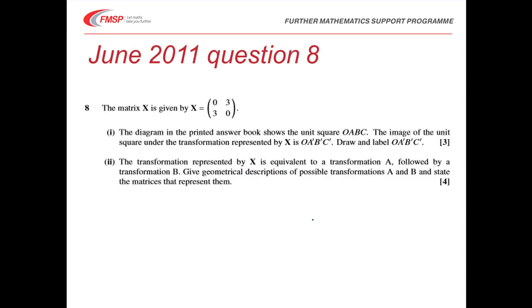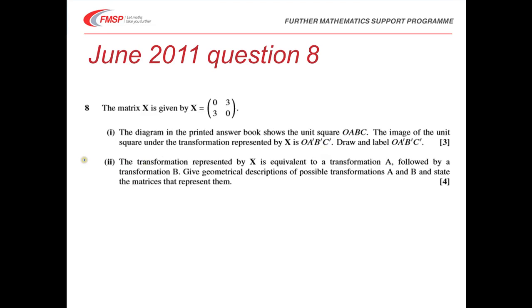So another question, this time on transformations. So we have a matrix X given to us, and in part 1 we've got a diagram in the printed answer book, and it shows the unit square OABC. The image of the unit square under the transformation X is given by OA'B'C', and we're asked to draw and label OA'B'C'.